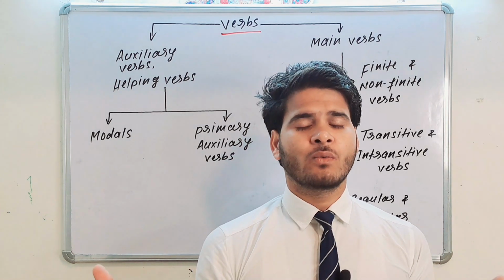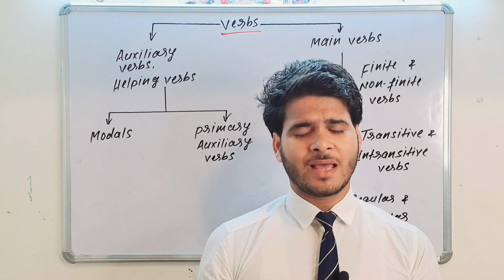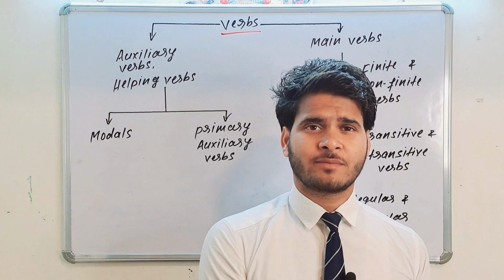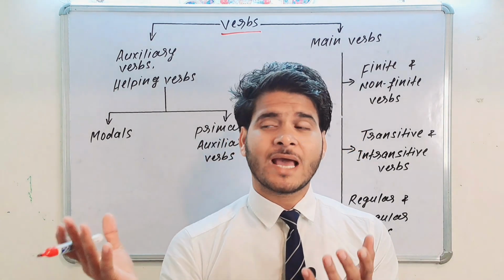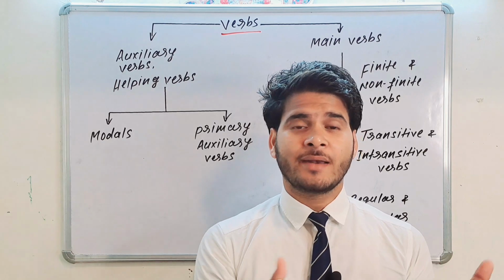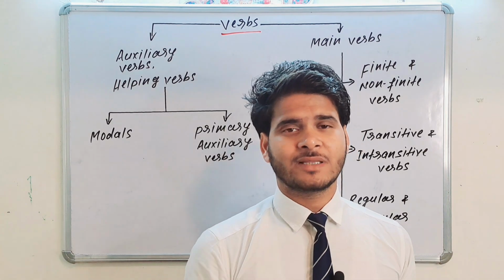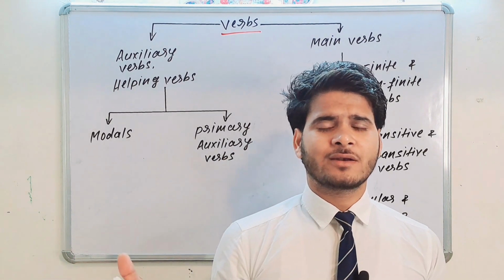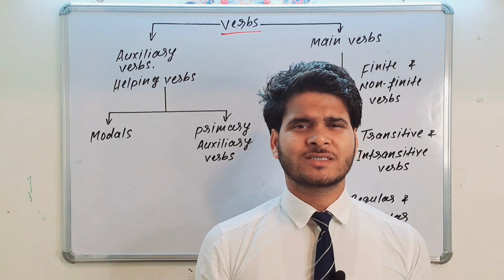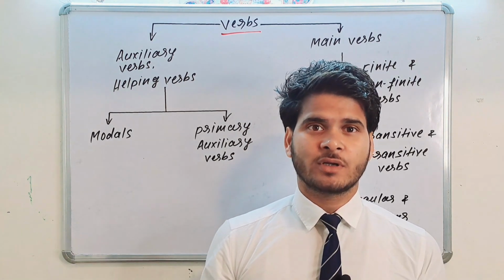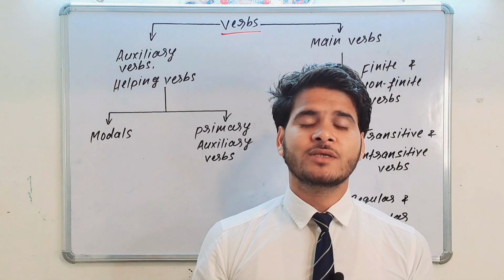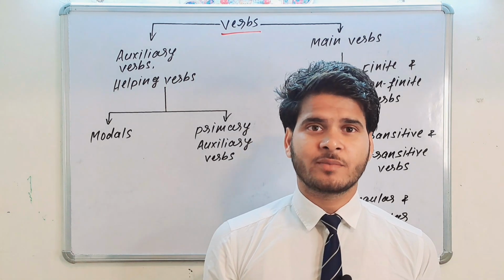Which is only used as a helping verb, never as a main verb. That is modal, like can, could, may, might, must, shall, will, should, would, and etc. These are modals which are only used as helping verb.